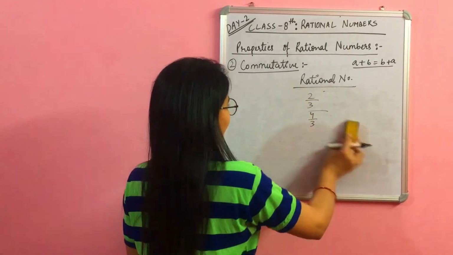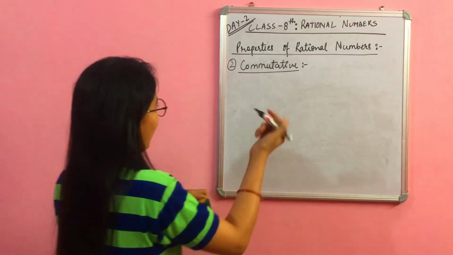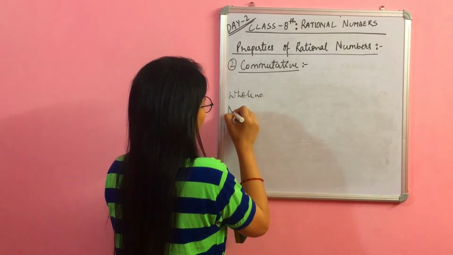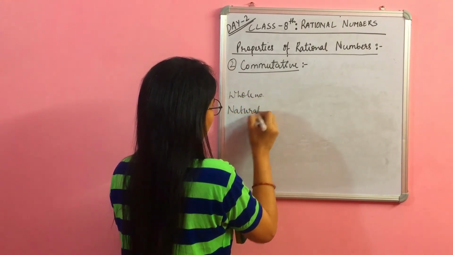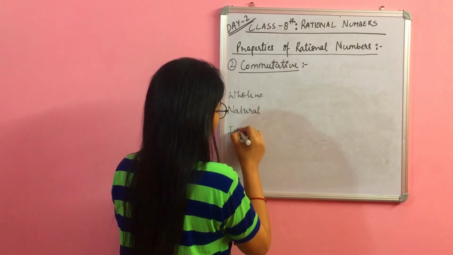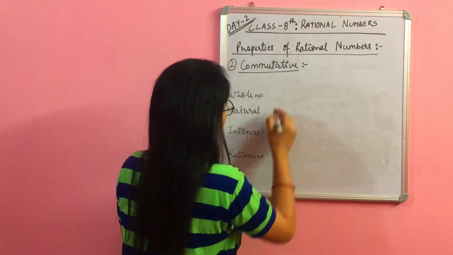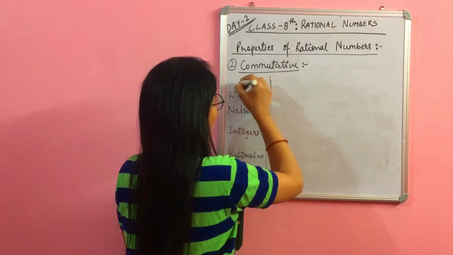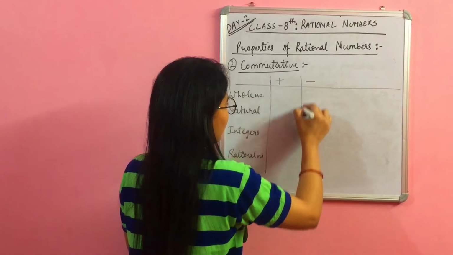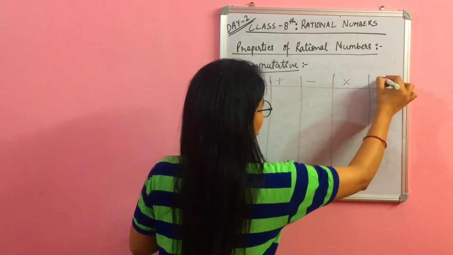So what I can say, if I just make the table here for the commutative property, I am having the set of whole numbers, natural numbers, integers and rational numbers. And what were the operations we were having? Addition, subtraction, multiplication and division, right?